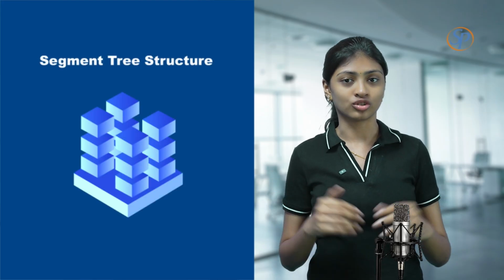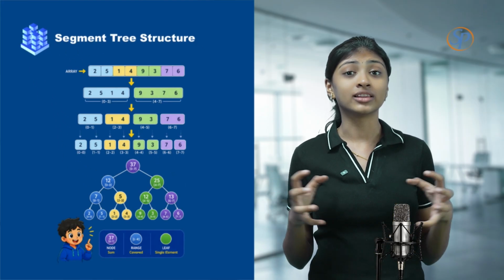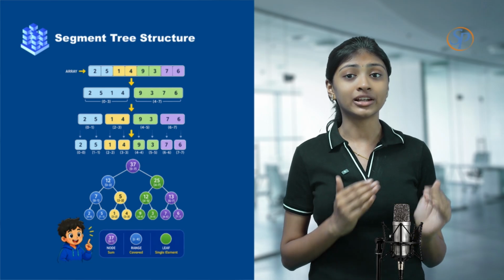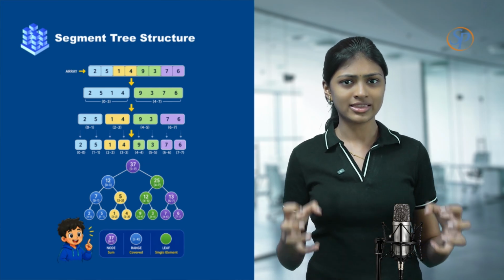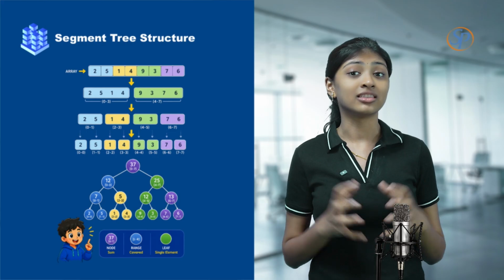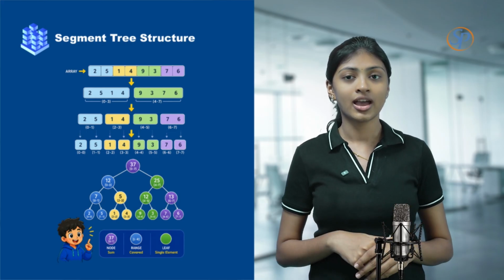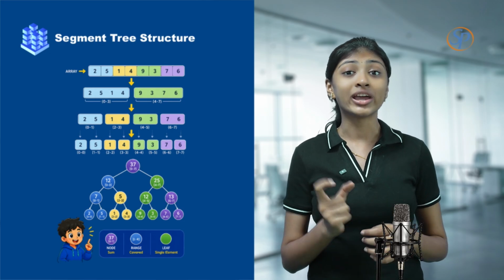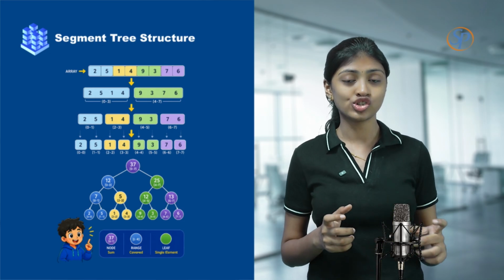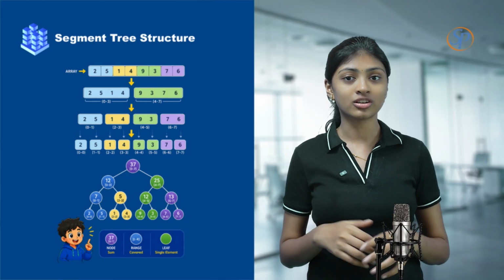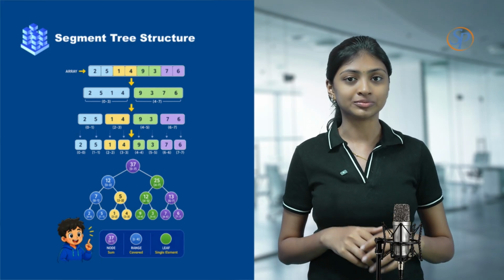Segment tree structure. Instead of storing the array directly, we break it into segments. We divide the array into halves and then further halves until we reach individual elements. And we build a tree where each node represents a range and stores information like sum or a minimum.